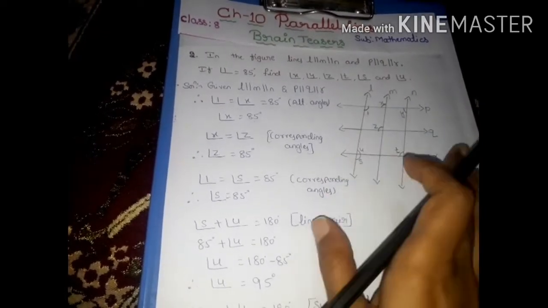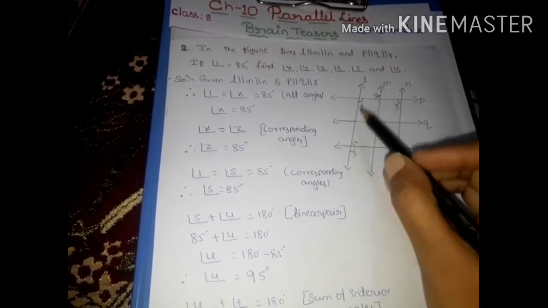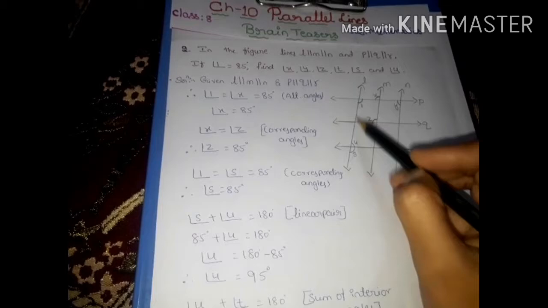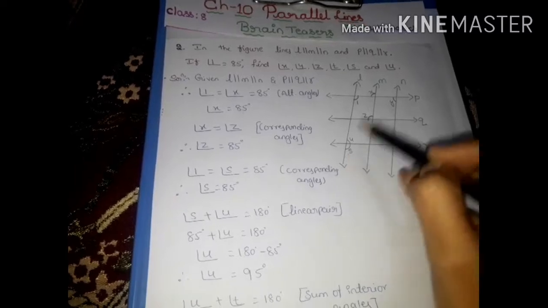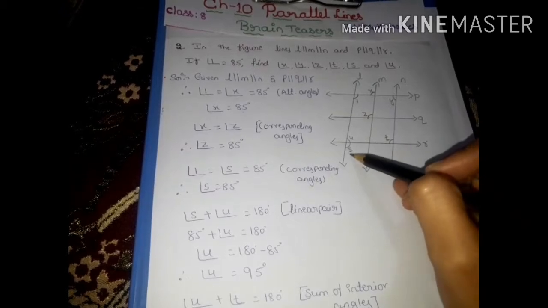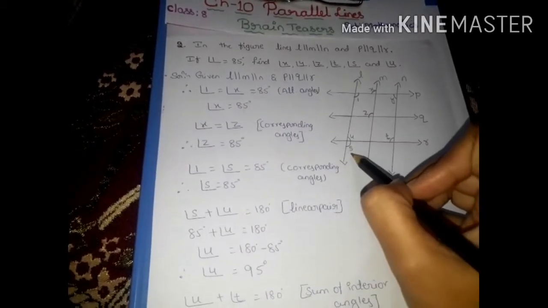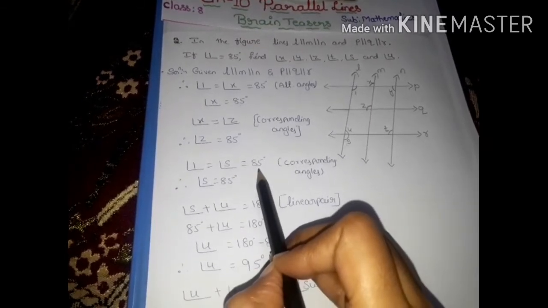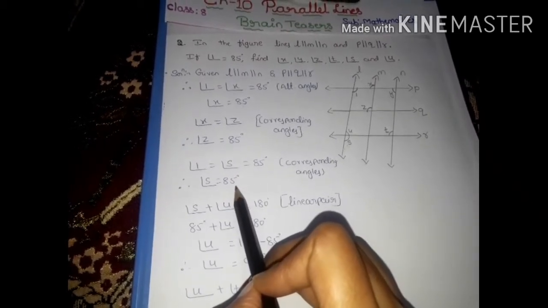Ignore all the remaining lines and letters, and just focus on angle 1 and angle S. They are corresponding angles because one is inside and one is outside on the same side of the transversal. When two lines are parallel, corresponding angles are equal. Angle 1 is 85 degrees, so angle S is also 85 degrees.